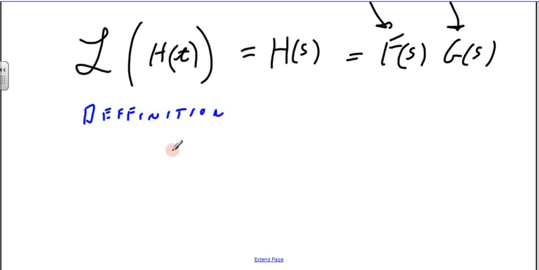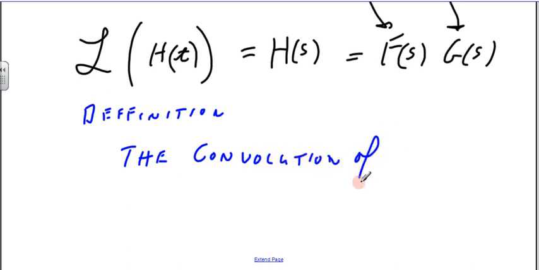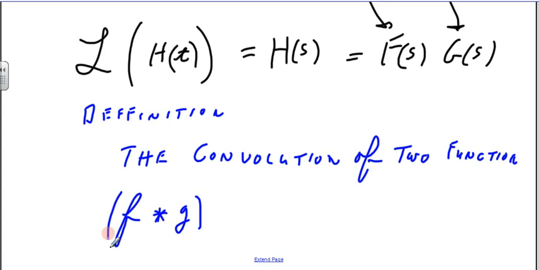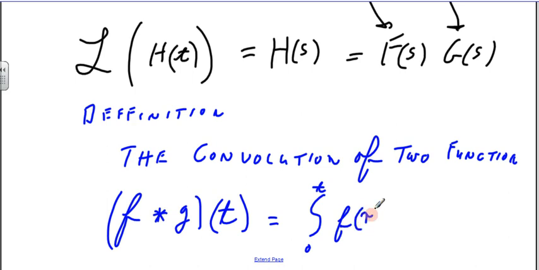We're going to say that the convolution of two functions, f star g of t, is going to equal the integral 0 to t of f of tau g of (t minus tau) d tau.